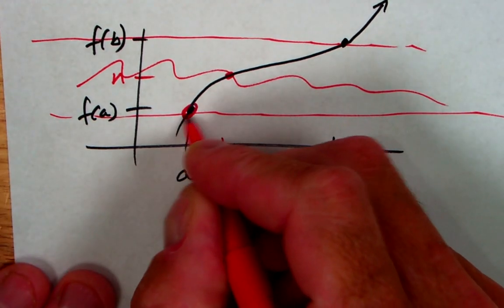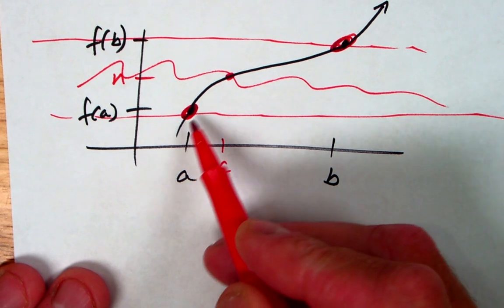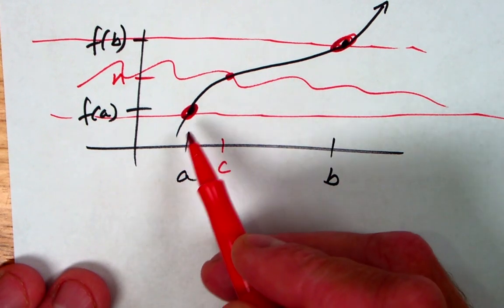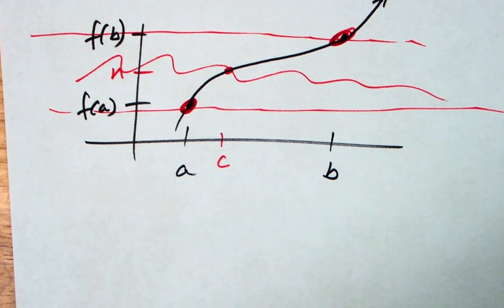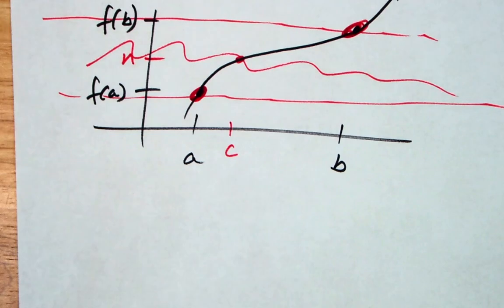Because to get from here to there, I'm going to have to cross every single point on here somewhere. Oh, you'll impress me here. If the function is continuous. If the function wasn't continuous, it wouldn't make a hill of beans because it could jump all over the place.